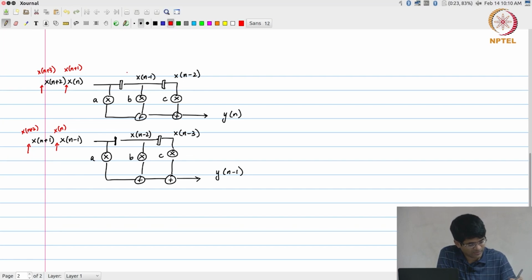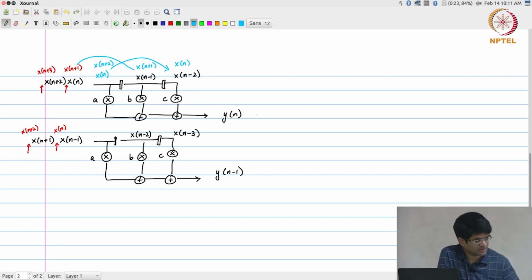In other words, x of n will be here. On the next clock cycle, x of n will go here. So I have x of n minus 1, x of n minus 2. In the next time instant, I will have x of n over here, I will have x of n plus 1 over here, and x of n plus 2 over here.